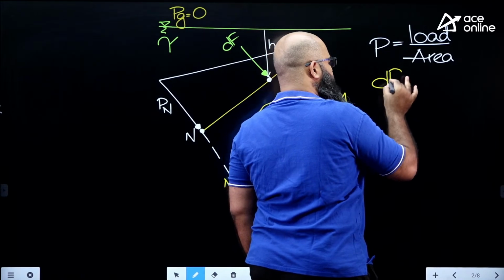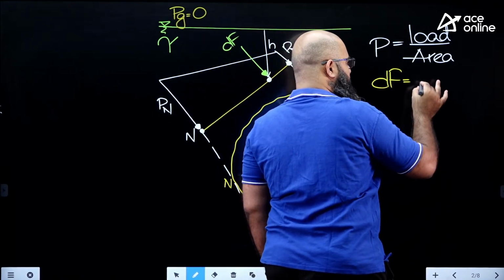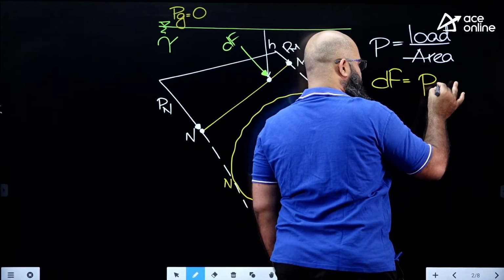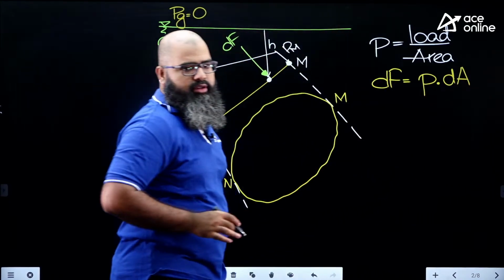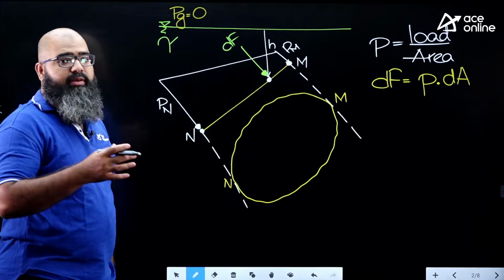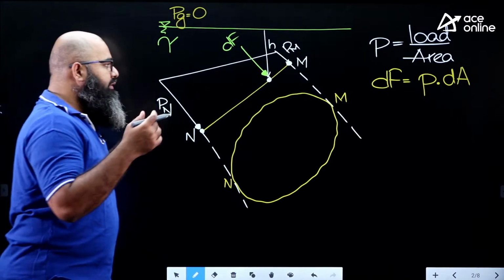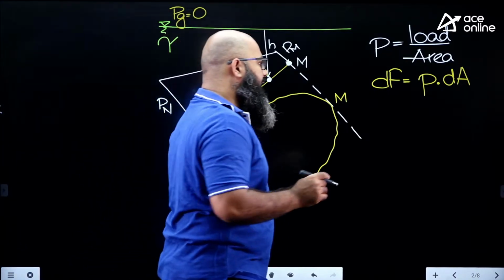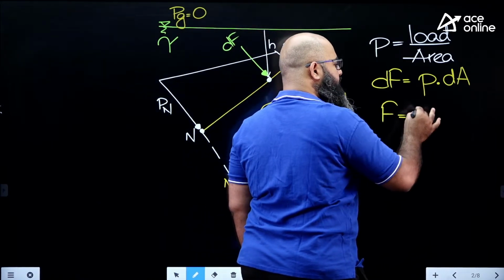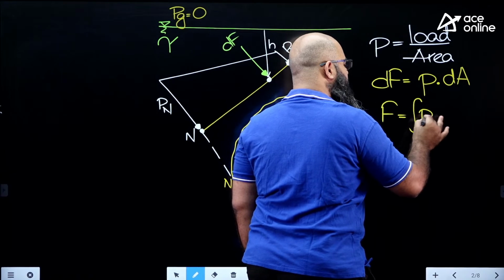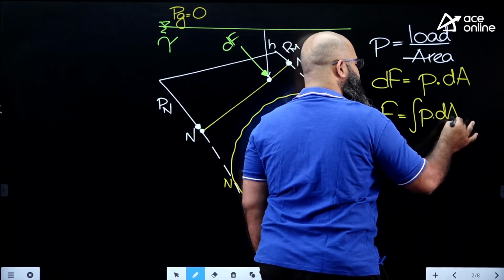The value of differential force is equal to intensity of loading multiplied by a differential area corresponding to that position. So P times dA would give me the differential force. If I wish to find out the net force acting, then I'll have to integrate this. So the net force would be equal to integral PdA.